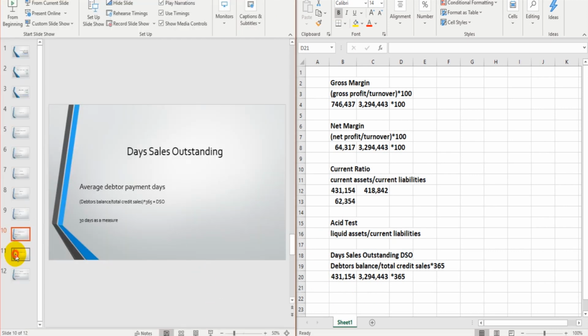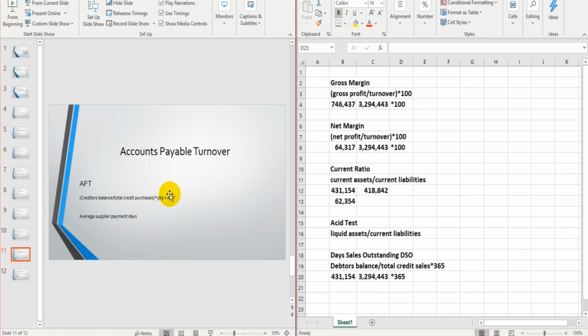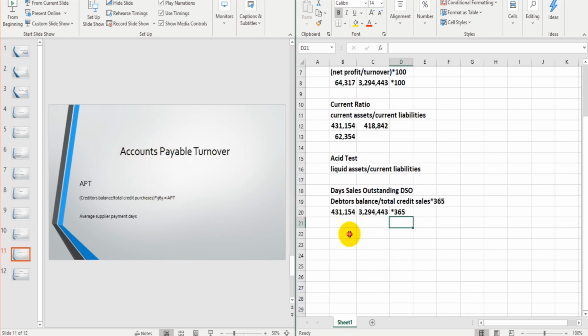And we have another fantastic formula here, which is accounts payable turnover. Once again, sometimes this is abbreviated to APT. Now the formula for this is creditors balance divided by total credit purchases times by 365.